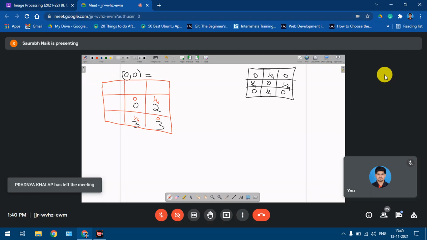So 0, this would be 1/4 here, this would be 0, 0, 1/4 and 0. Okay, now since the 0, 0 pixel is over here and these are going outside the image, that is the reason why we don't consider those pixels in the convolution kernel.